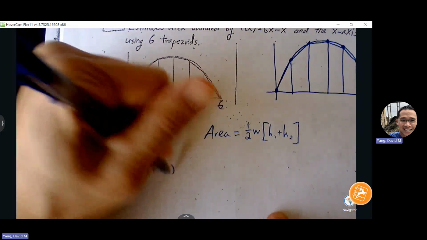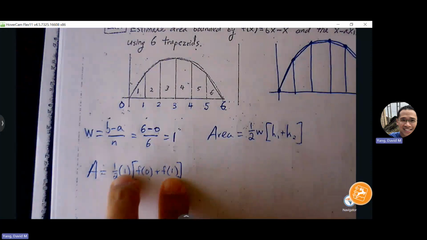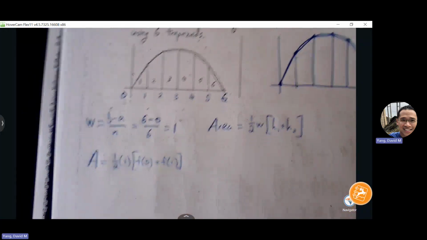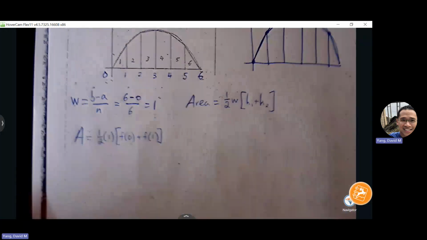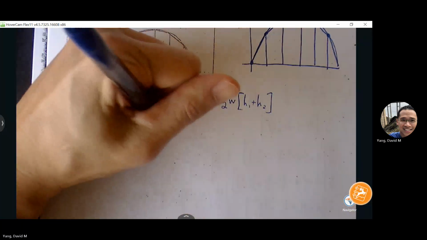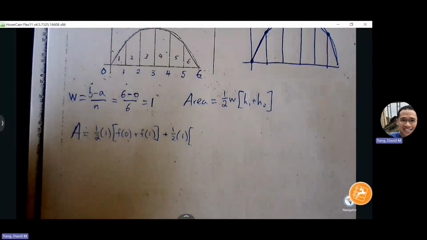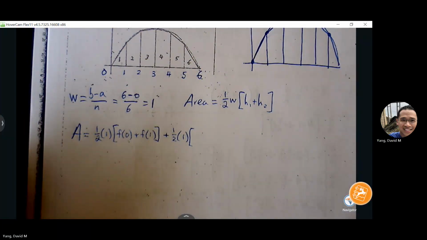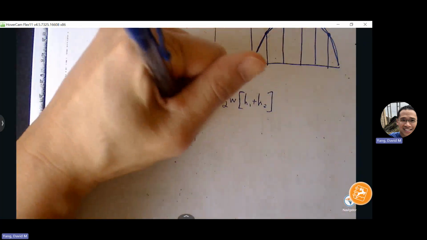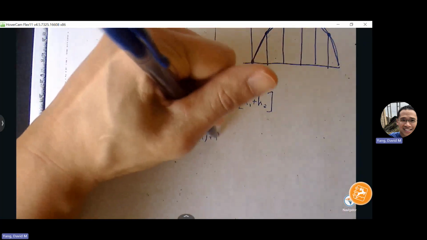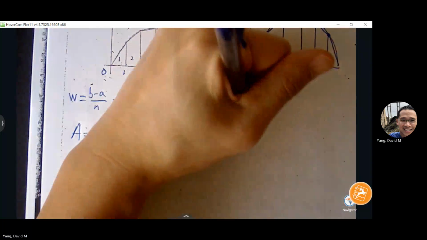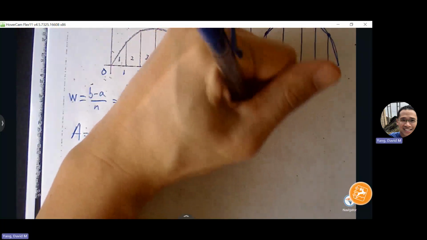Technically, f of 0 is 0, and so this will naturally turn itself into 1/2 base times height, which is a triangle, but it's okay. We can just leave it as trapezoids. Plus 1/2 width. What's the second trapezoid? Yeah, f of 1 plus f of 2. So it's not hard. It's just a little tedious with all these trapezoids here. Okay, so we're just going to go down the line here, right?